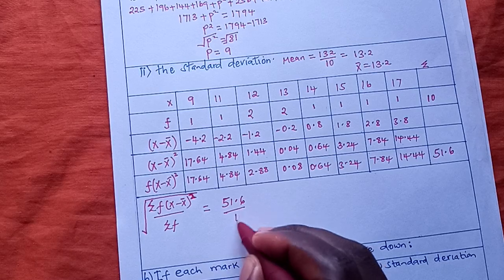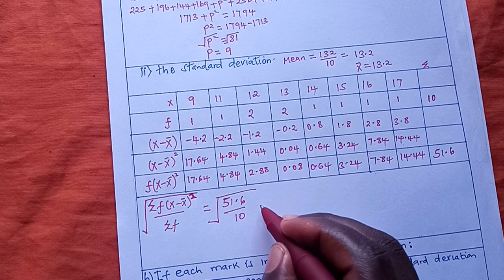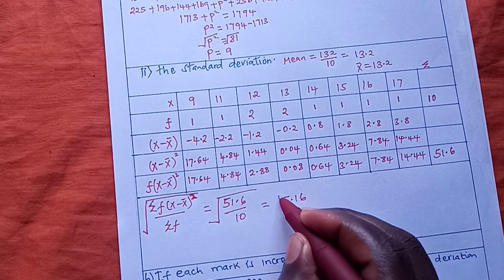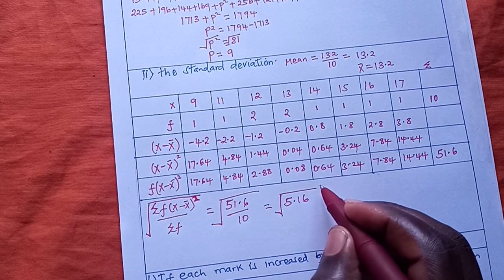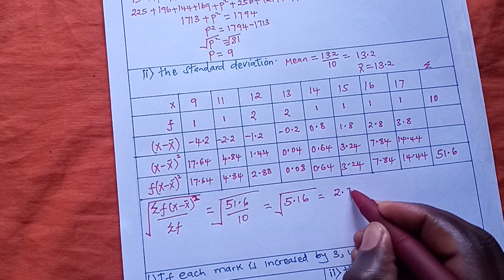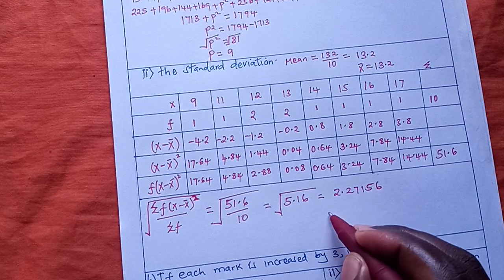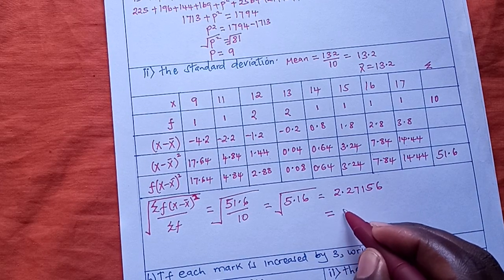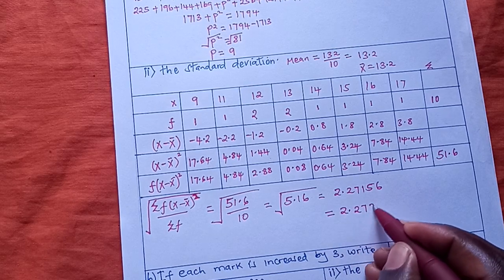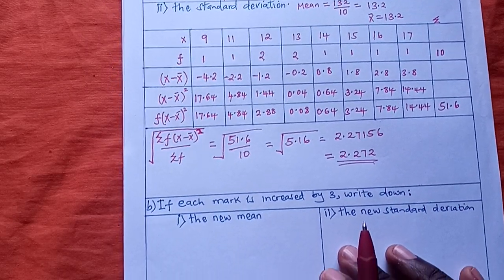We divide by 10, and of course we get the square root. This is the square root of 5.16, which is going to be 2.27156. Now our answer to four significant figures is 2.272, and this is our answer as the standard deviation.